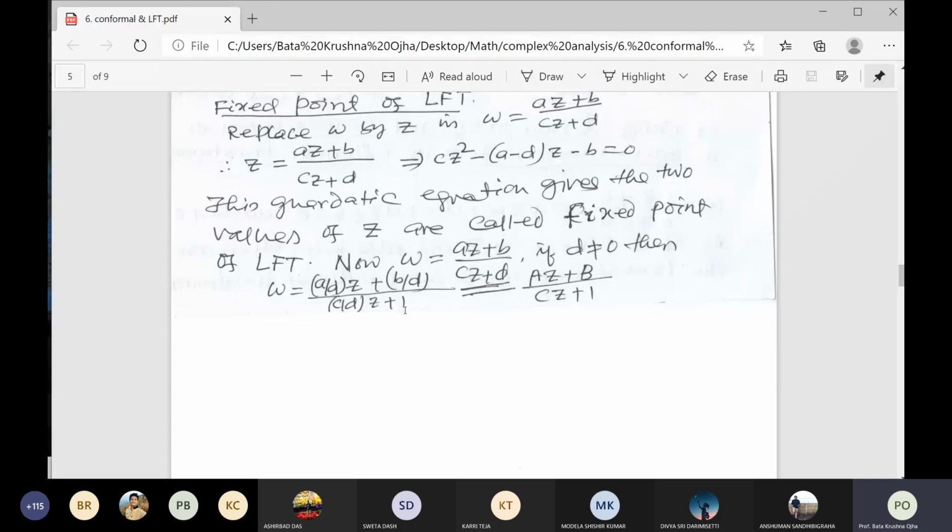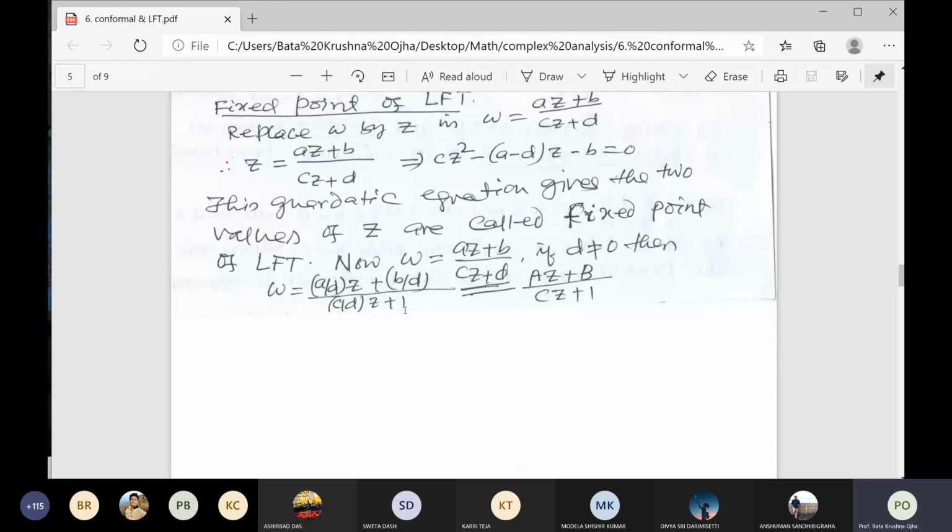You know the general equation of a straight line is AX plus BY plus C is equal to 0. It seems every straight line has three unknowns, but actually it is not three unknowns.